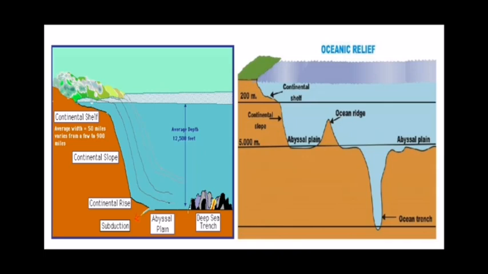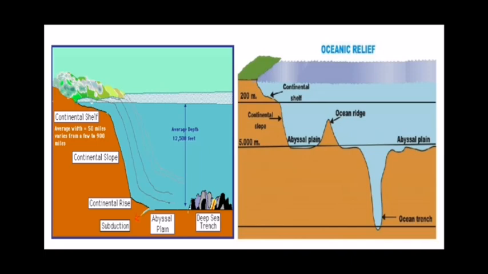Just as we have different landforms like mountains, plateaus, and plains on the surface of the earth, similarly we have landforms under the water or ocean. You can see in the picture, we have different landforms like the continental shelf, slope, then the abyssal plains, then the trench. All of these we will be learning about in detail in the lesson.